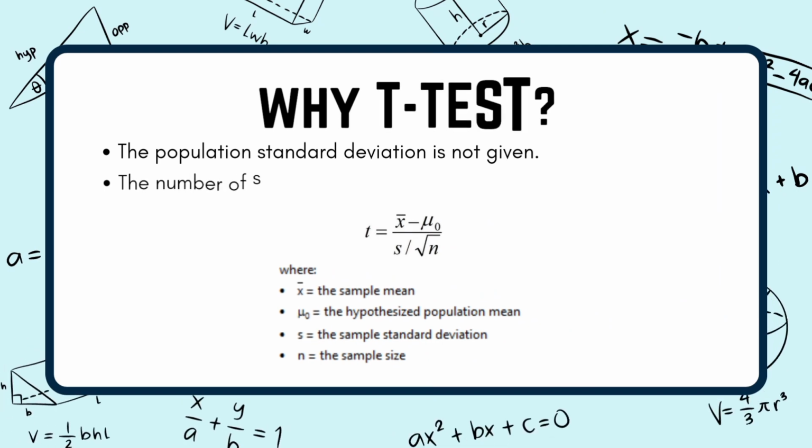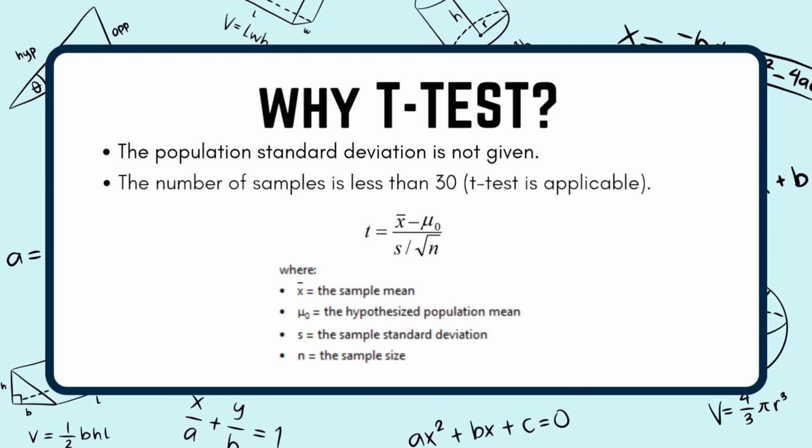When we do statistical analysis, we need to choose the right method to get the most accurate results. In this example, we are trying to find if the weight of a certain brand of coffee is actually more than what is written on the package. Since we don't know the standard deviation of the entire population of coffee packs, and we only have data for 8 coffee packs, we need to use a method called t-test.